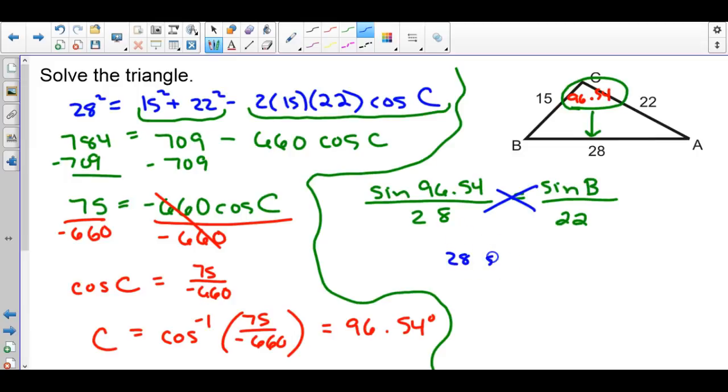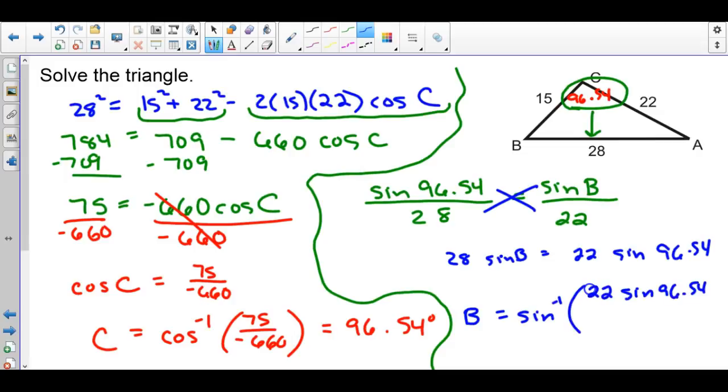So I have 28 times the sine of B equals 22 times the sine of 96.54. And then I would do some algebra. I would end up with B equals the inverse sine of 22 sine 96.54 over 28. And again, I can throw that in my calculator, press second and sine, and then 22 sine 96.54.